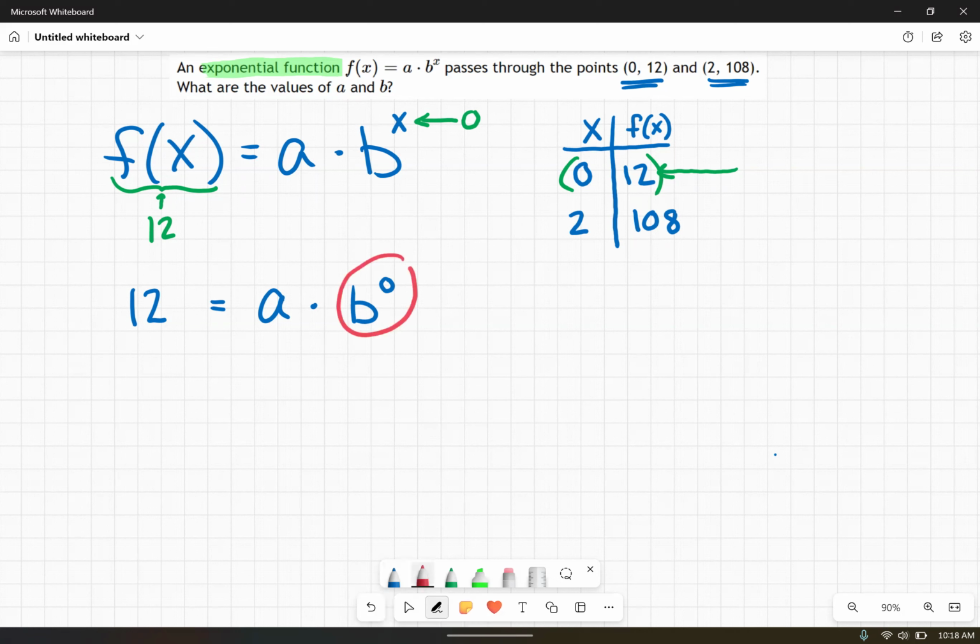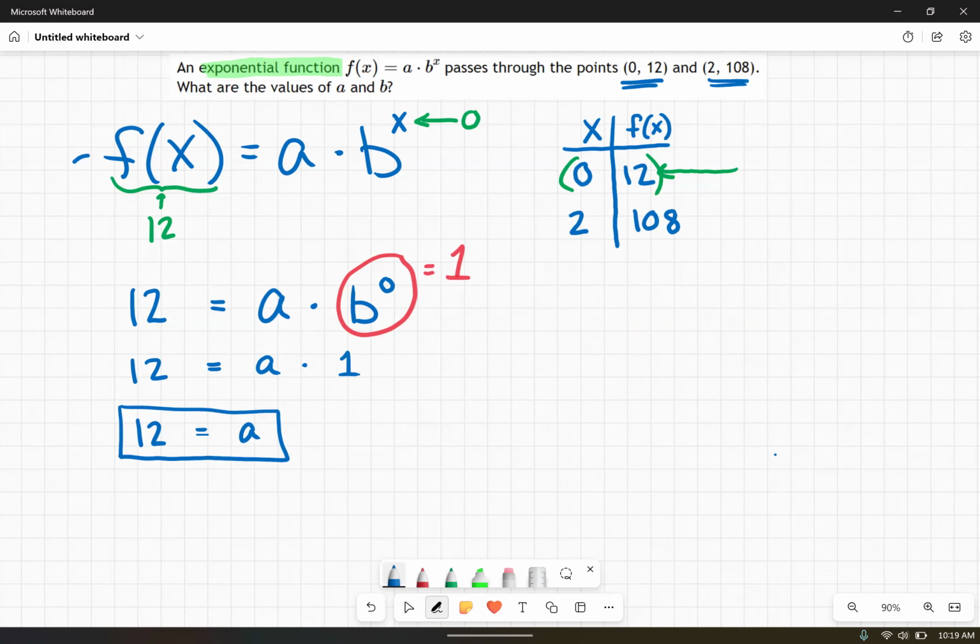This right here is equal to 1. Anything to the 0 power is 1. Right? So now that becomes 12 is equal to a times 1. And a times 1 is a. So we've got 12 is equal to a. Right?